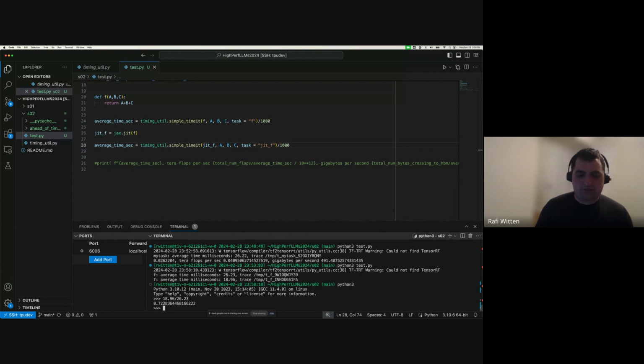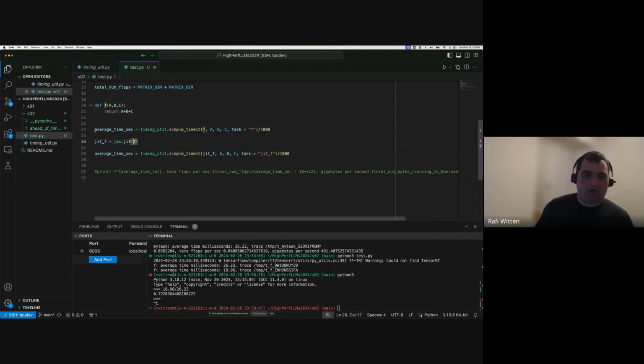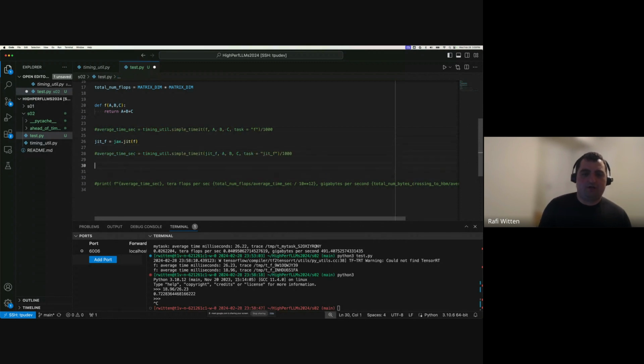Cool. So JAX naturally, with the power of jax.jit, is able to do this for us. I just want to give a quick primer on how jax.jit works. One of the really interesting things about it: I'll turn off these prints and run JIT_f of a, b, c.